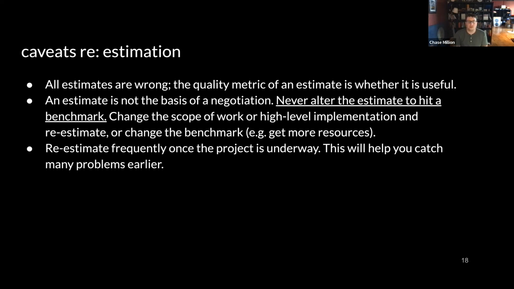If you are hoping you'll get a number at the end that says this will take 1,000 hours of work and then it takes 1,000 hours of work, you'll be disappointed. The merit factor of an estimate is whether it is useful. For our purposes, it is useful if we are able to successfully request the amount of resources that are both necessary and sufficient for us to reasonably guarantee a successful project outcome.